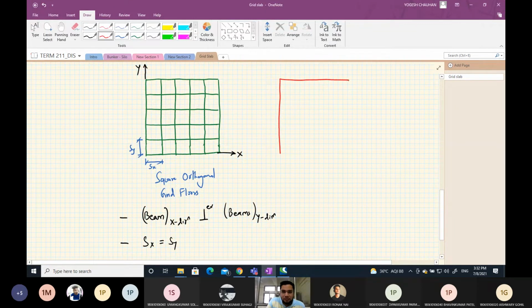In rectangular grid floor, the beams are also orthogonal to each other, but here the spacing will be different in both the directions.